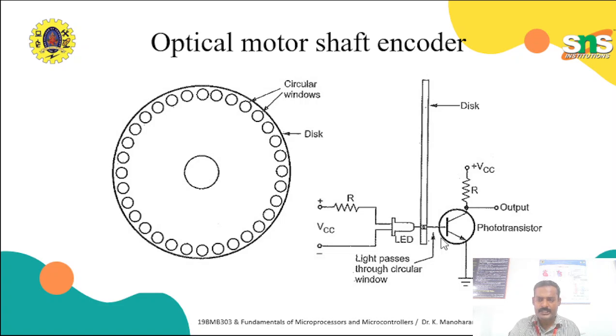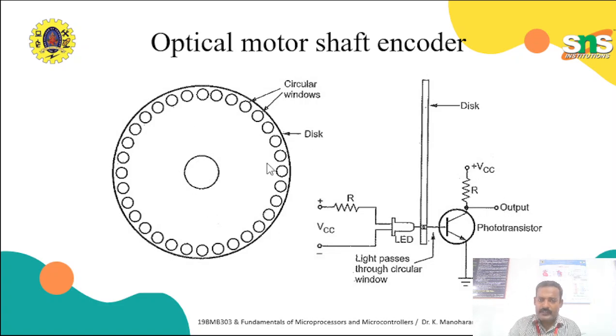Once the LED light falls on the base of this transistor, the transistor will be turned on, and once it is on, the output becomes 0. If the light does not fall, because the disc is in a different position, the transistor becomes off. Once the transistor is off, the output becomes 1, because VCC is connected to the output, so the output will be high.